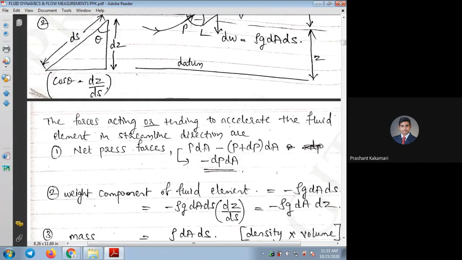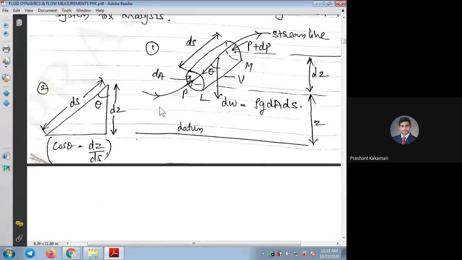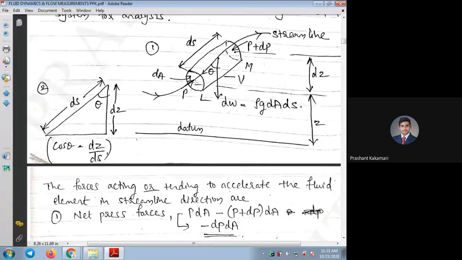You can see here we have considered the flow in the given direction from downside to upside. So in that direction, the pressure force P is in the same direction, so we can consider it positive. The other force is P plus dP, which is the opposing force on the other fluid particle.